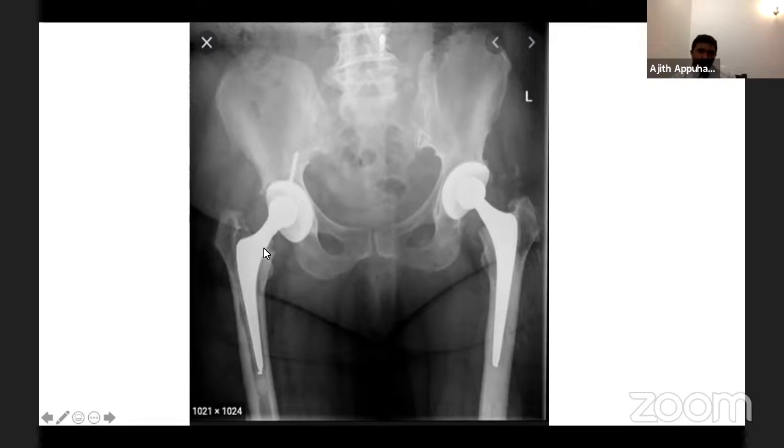Even the femoral part, the femoral cup, has a kind of inclination, and you can see radiolucency in Charnley zones 1 and 2. Here, in Gruen zones 1, 2, 3, even 4, and sometimes medially we can also see some radiolucent zones.